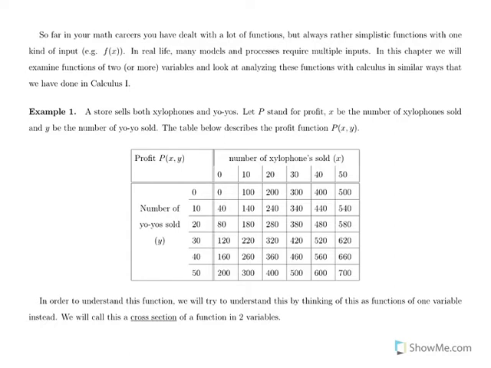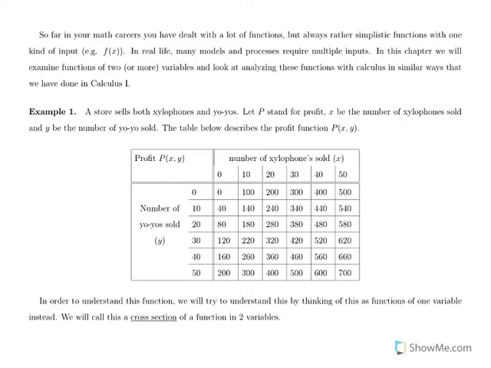So first, let's look at an example, and that is a store sells both xylophones and yo-yos. We're going to let P stand for the profit, which is what we're going to be tracking. X is going to be the number of xylophones sold, and Y is going to be the number of yo-yos sold. The table here is going to describe the function of two variables, the profit function P of X,Y.